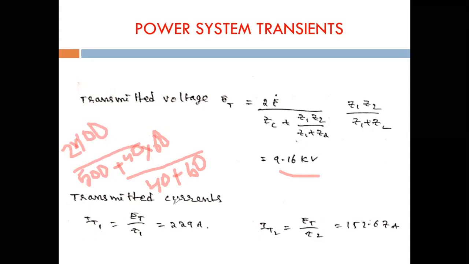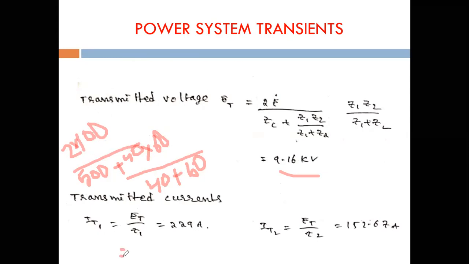Therefore ET is equal to 9.16 kilovolts, divided by Z2. IT1 means Z1, IT2 is equal to Z2. What is Z1? Z1 is equal to 40, Z2 is equal to 60.